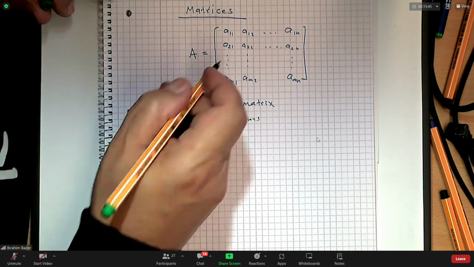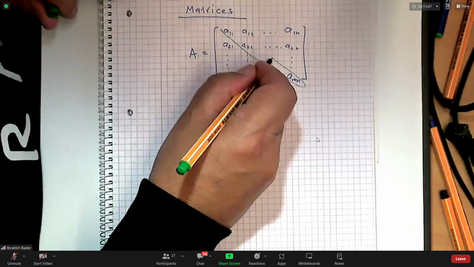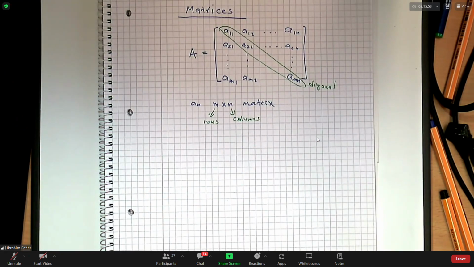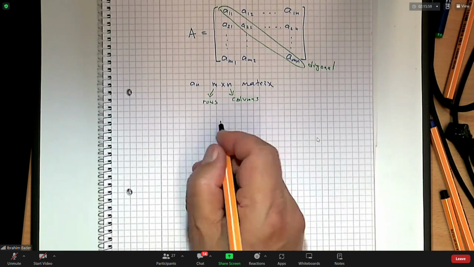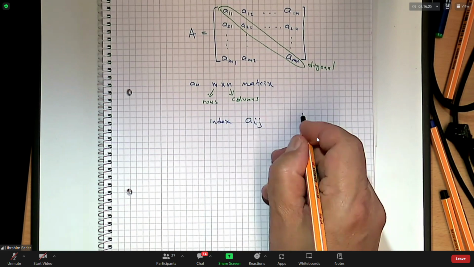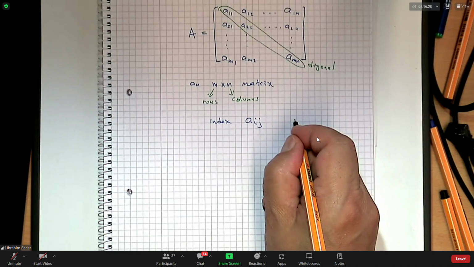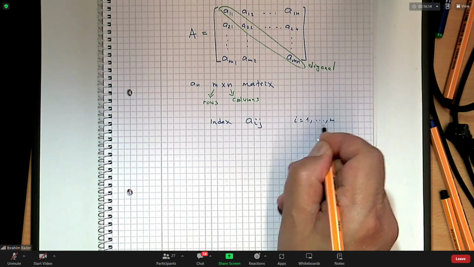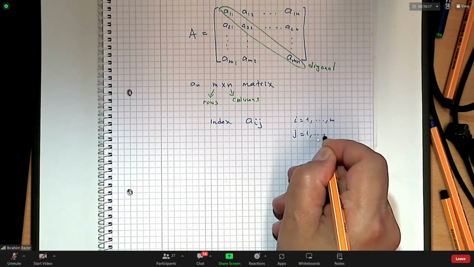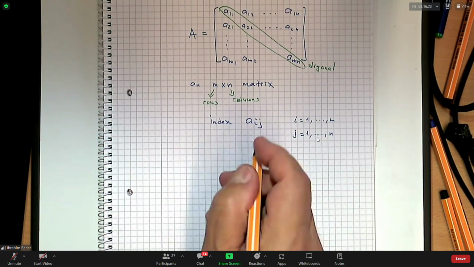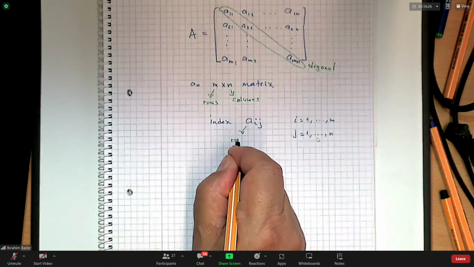Now here, this is called the diagonal of the matrix or main diagonal. And the index Aij, where I is the row and J is the column.